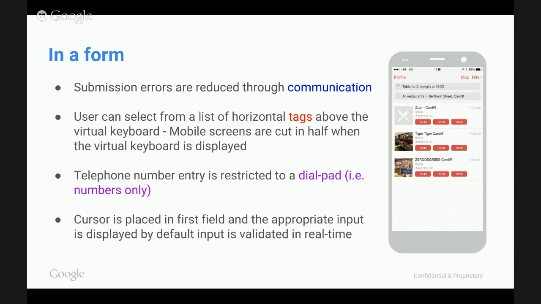You click on telephone and the keyboard pops up with letters. The user doesn't need letters, because they need to input the telephone number. Those are small things, but if you fix them all together, it makes an impact on the overall conversion.